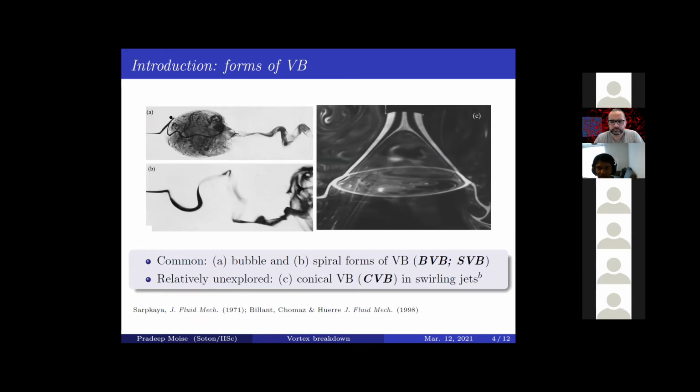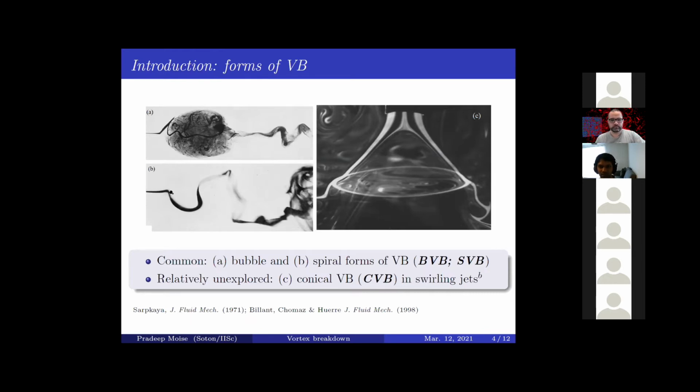You can see that it kinks and then it ends up going around an ellipsoidal structure, which is actually a recirculation zone. It enters into that structure through its rear and gets mixed a lot, and then it exits out and takes an almost spiral path outside. That's called the bubble form of vortex breakdown because of this ellipsoidal shape of the recirculation zone.